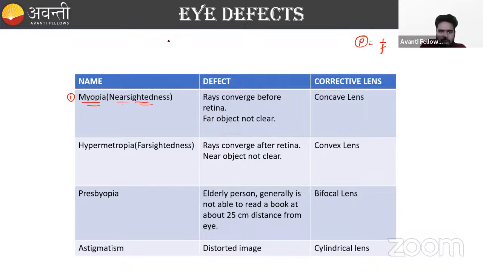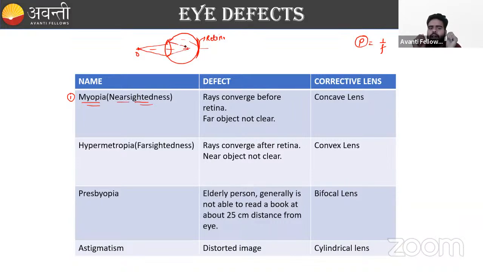Actually, suppose, guys, this is our human eye, and this back surface is the retina. If an object is placed at some point here, then what will happen? The image formed by our eye lens is not formed at the retina, but before the retina.